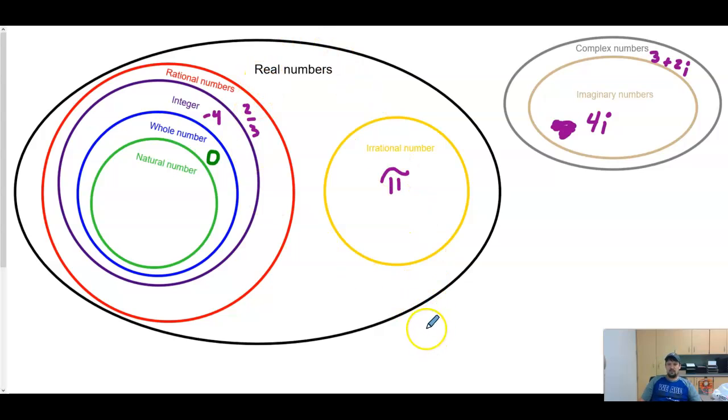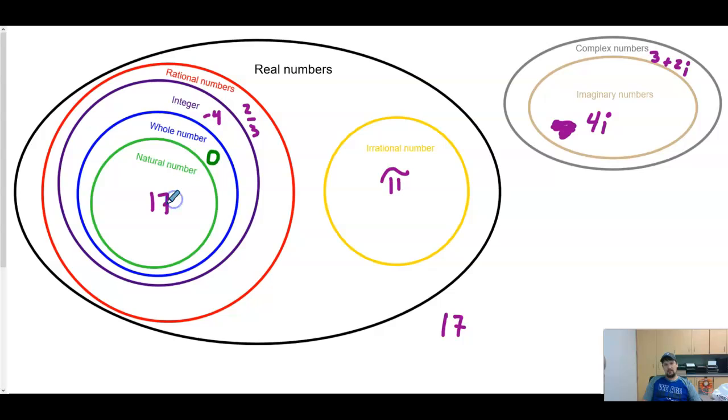Alright, let's look at the last one. Let's look at the number 17. This is my favorite number, for whatever reason. Is 17 a real number? Yes, it is. No i. Is it rational? I can write it as a fraction. Is it a counting number? Yeah, we learned the number 17 a long time ago. Is it a whole number? Is it a positive counting number, or 0? Sure it is. It's positive. Natural numbers are just positive counting numbers, which 17 is.